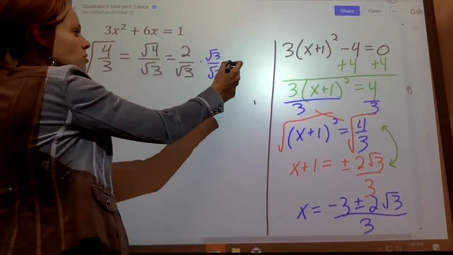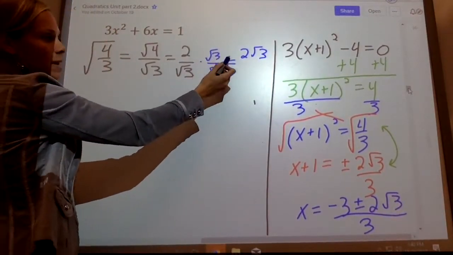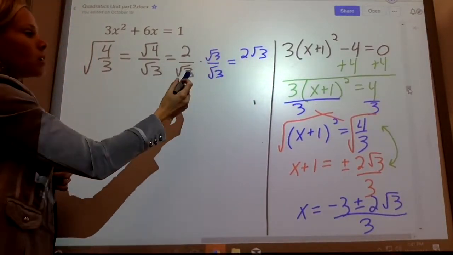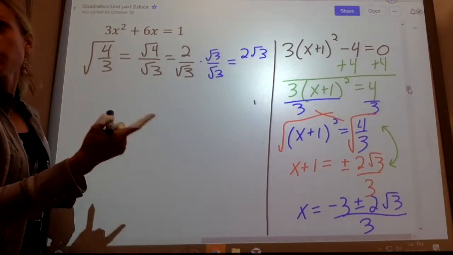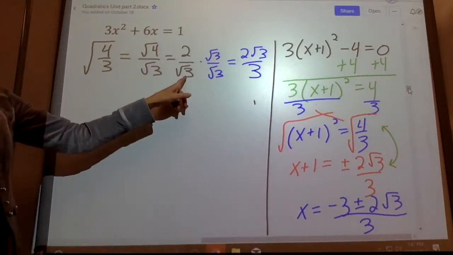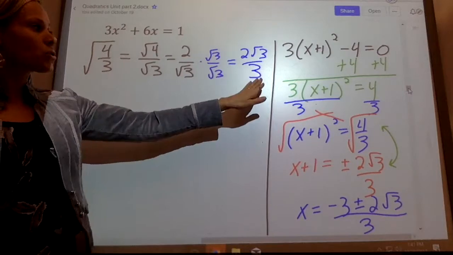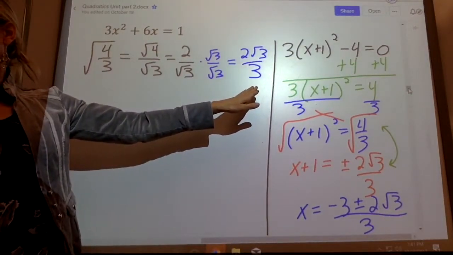But if I multiply the tops, I get 2 times square root of 3, can't combine those. Square root of 3 times square root of 3 is the square root of 9, but what's the square root of 9? 3. Okay? So if you plug these two numbers in a calculator, it's going to be the same decimal, but this just looks nicer because it doesn't have the radical in the bottom.